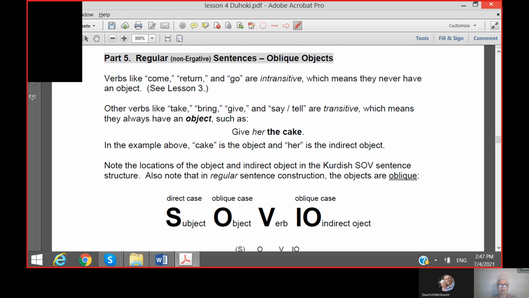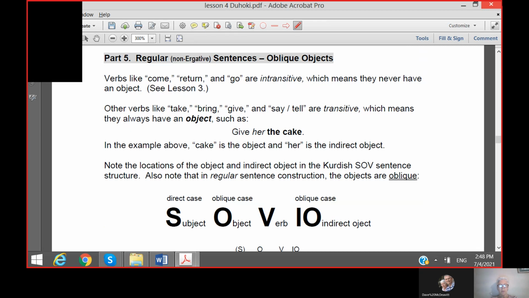Right now, we're going to look at regular sentences using oblique case objects. So when I say a regular sentence, I mean a non-ergative sentence. Let's read this here. Again, we're on page 80, part 5, right here. Verbs like come, return, and go are intransitive, which means they never have an object.